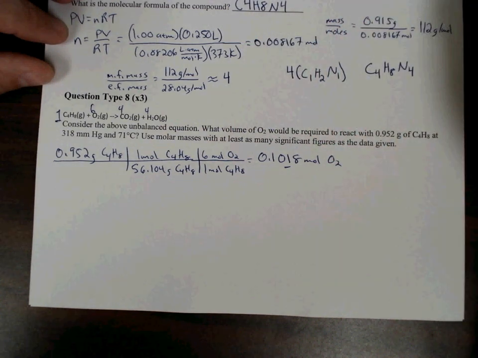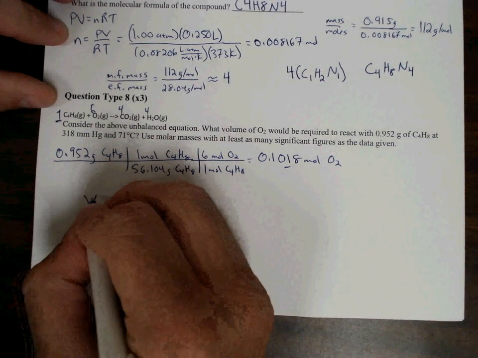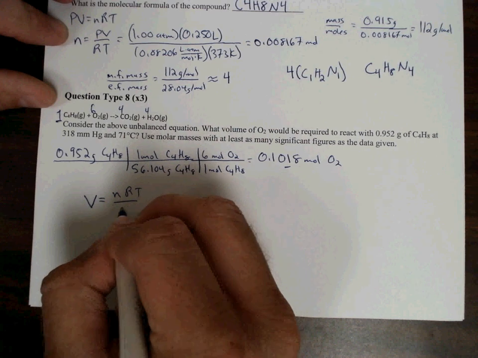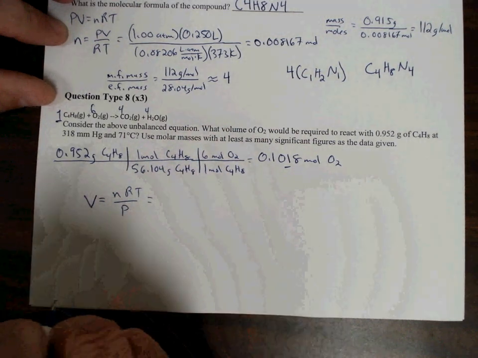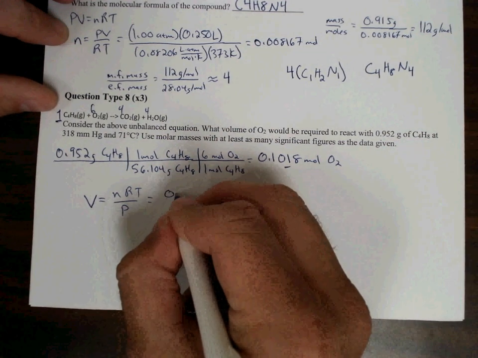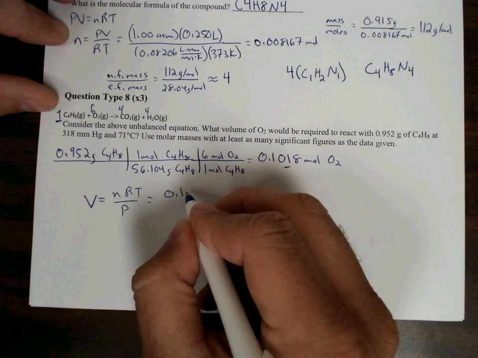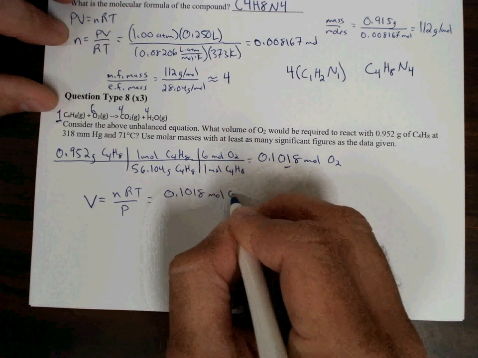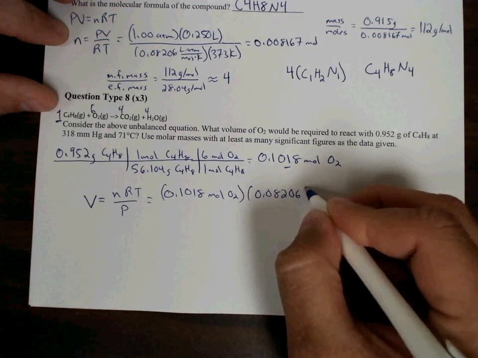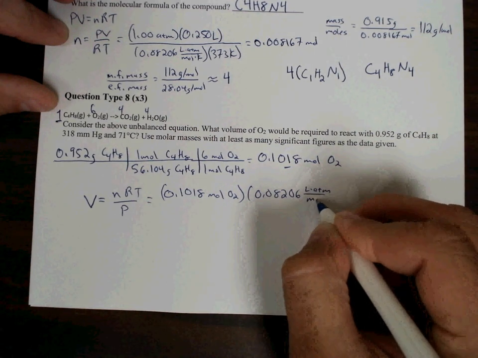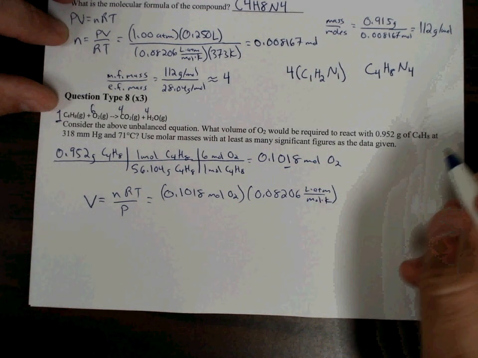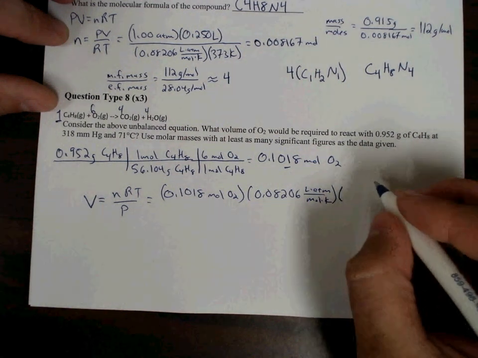The question asks for the volume of O2. Well, that means I need to solve the ideal gas law for volume equals nRT over P. Need to do some conversions, right? Well, we have the number of moles, 0.1018 moles of O2. We know the R value by heart. It's going to be 0.08206 liter atmospheres per mole Kelvin.